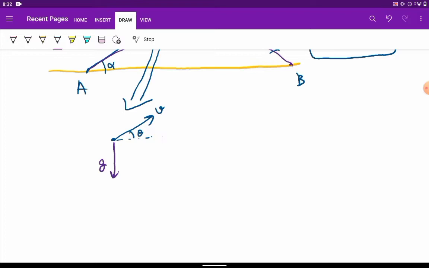So it will obviously have the normal component, normal to the velocity, which is the normal acceleration, and the component parallel to the velocity is the tangential acceleration.